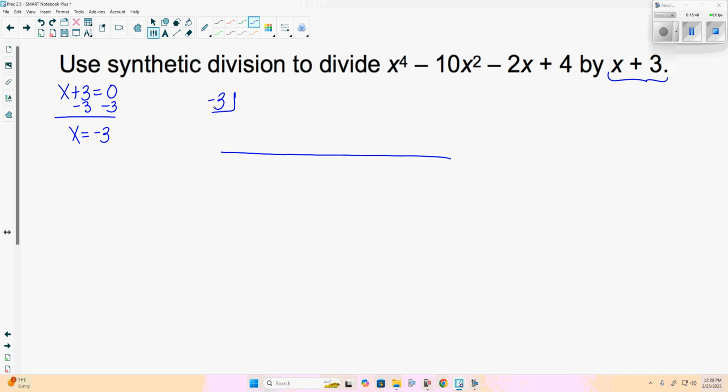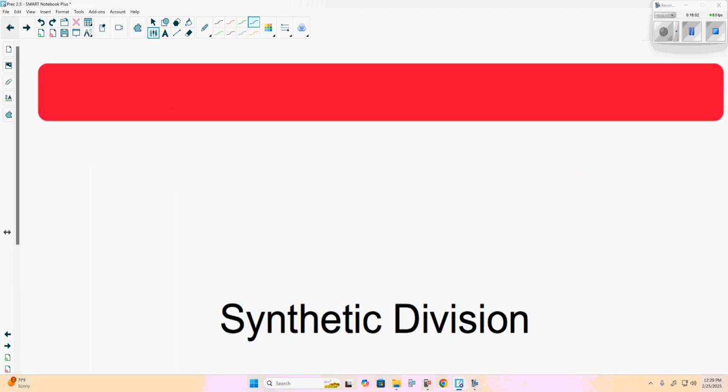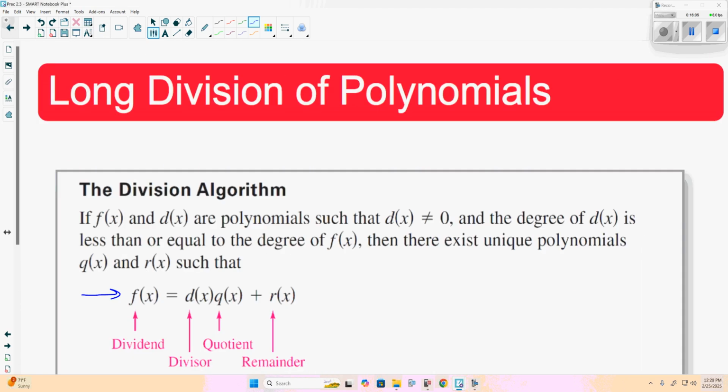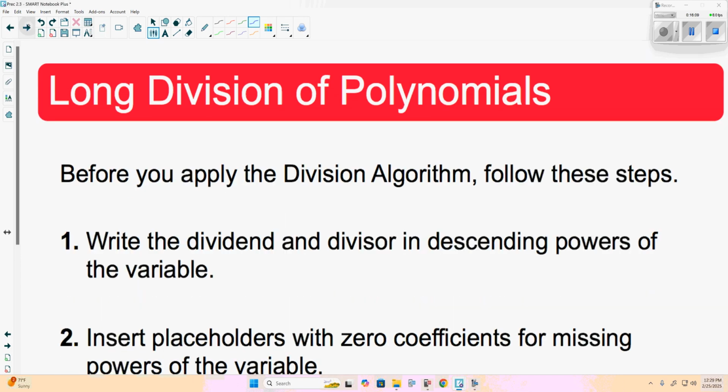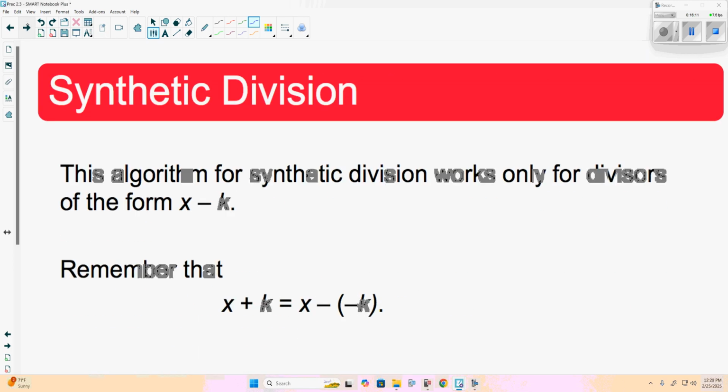Now the numbers going across the top are going to be the coefficients of our dividend.